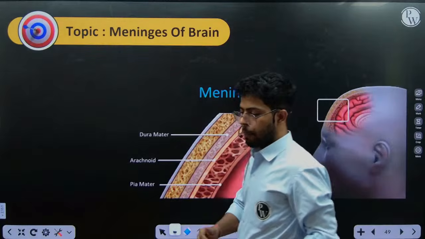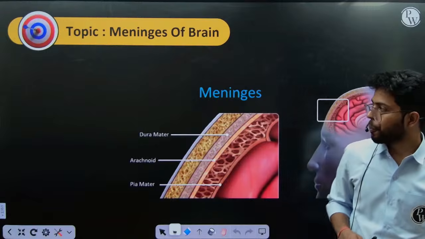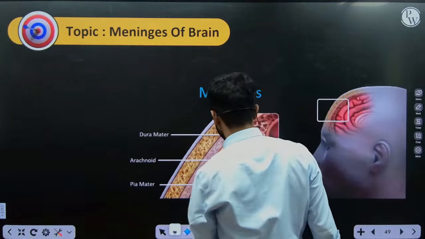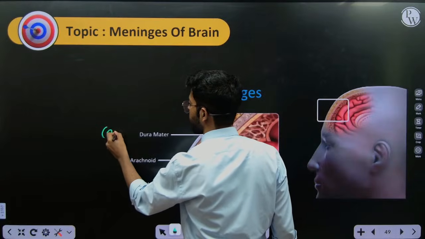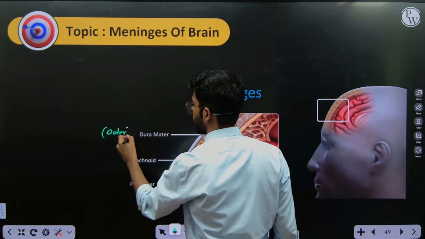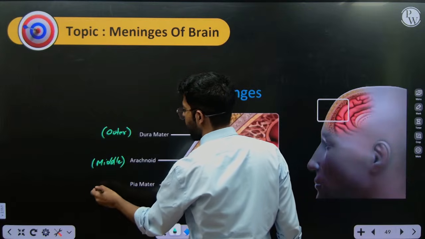Now meninges of brain, that means they have layers. The outer one, and this one is the middle, and this one is the inner one.